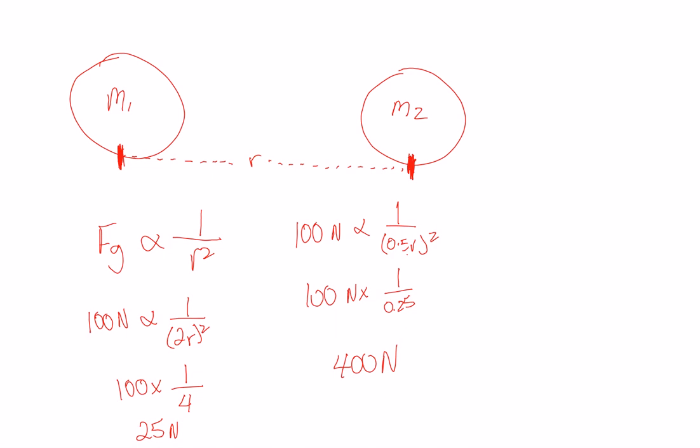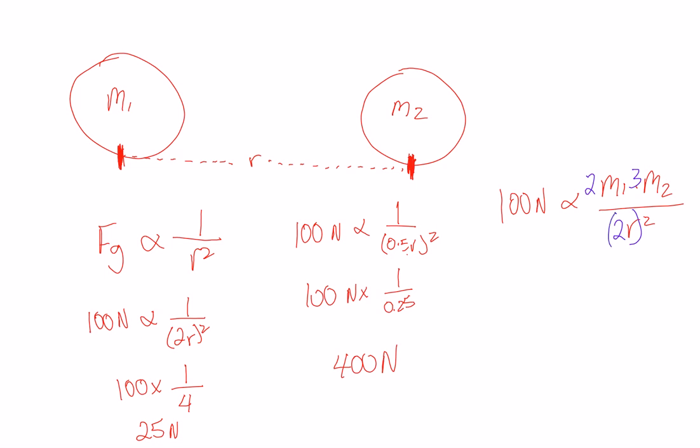So let's do one more. We kind of combine the two ideas together. So if we have 100 newtons, what's going to happen if we combine these two formulas? So we've got mass 1 times mass 2, and we divide by r squared. So in this case, let's suppose we double mass 1, triple mass 2, and we double our distance.